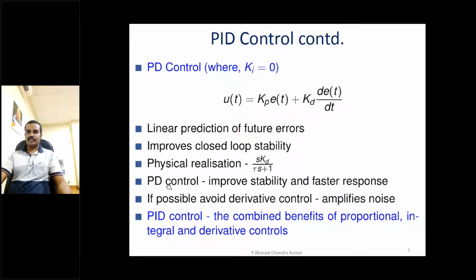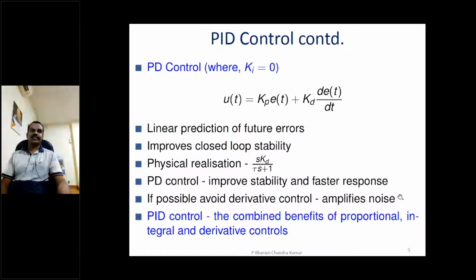So the good thing about the PD control is it improves the stability and gives a faster response. This is very good. However, the main problem here is that the derivative control amplifies the noise. If you use the derivative control alone and your system has a little bit of noise, then the noise will be amplified, and it has some physical realization limitations as well.